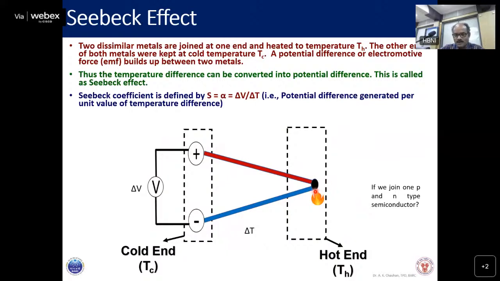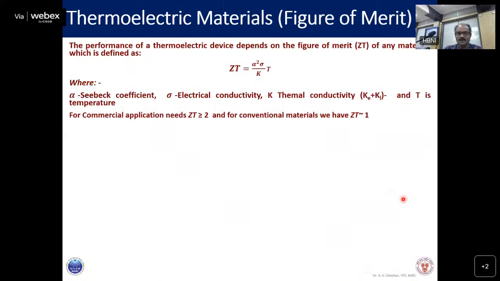Now, what is the problem in this situation? Suppose you need two dissimilar materials in order to measure. But if you want to generate electricity, you need to put one wire here, another wire here. But if you join with P and N type, then you can have a different structure where both the electrodes can be provided at the colder end.